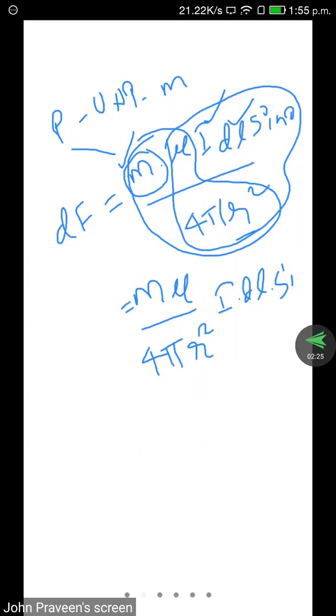What is remaining? I into dl sin theta. This is the term we want to separate.